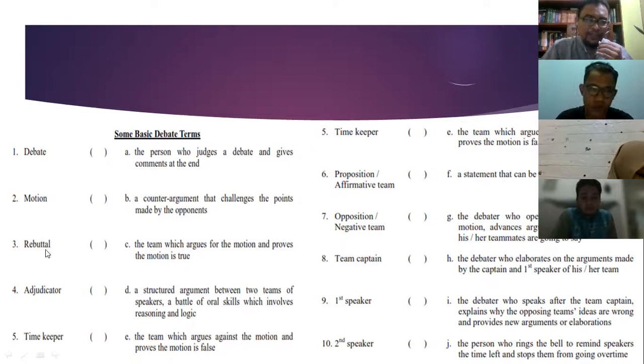Okay, that's the rebuttal. Adjudicator, A: the person who judges a debate and gives comments at the end. Okay, and then the timekeeper.